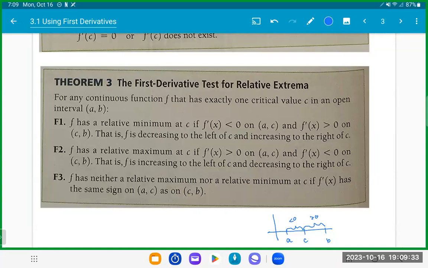If I am greater than 0 on this interval and less than 0 on this interval, then I'm going to be increasing on the left and decreasing on the right.